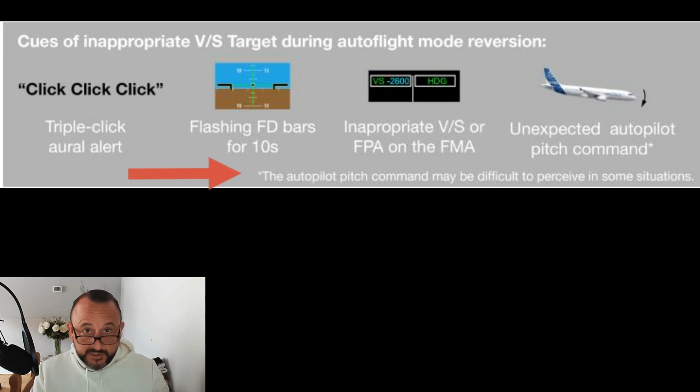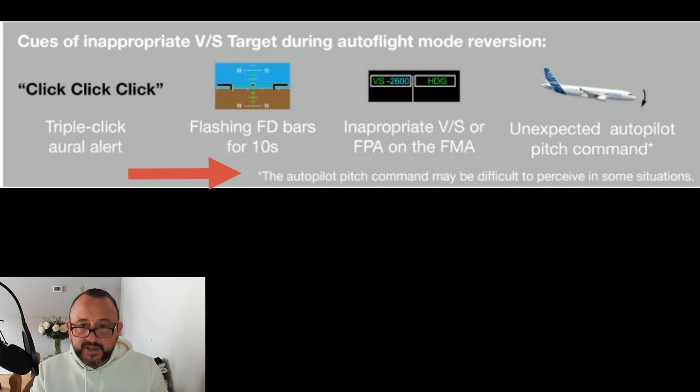So that way you lose the approach mode and then you just get basic mode. I think you probably just get heading as well as vertical speed, unless you maintain the localizer or the nav. But if you lose the vertical profile, it'll just revert to VS. You'll get the triple click and the mode change, and the flight director bars, but it'll then just go to VS. If you're not focusing on that, you'll feel nothing.